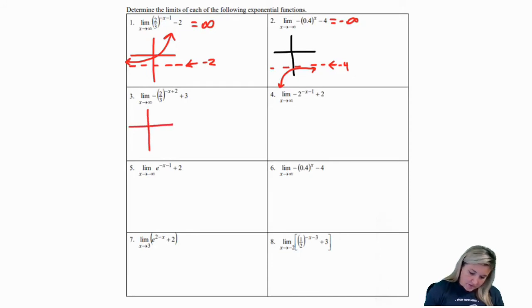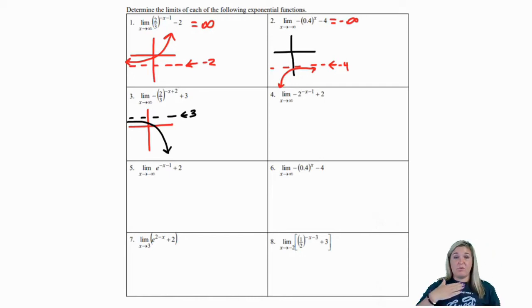Your graph is going to look like this. This is going to be 3. It's going to look like this. And so as x approaches positive infinity, our y values are going to approach negative infinity. So b is between 0 and 1 here, and there's 2 reflections, so that's going to be a decay. All right.